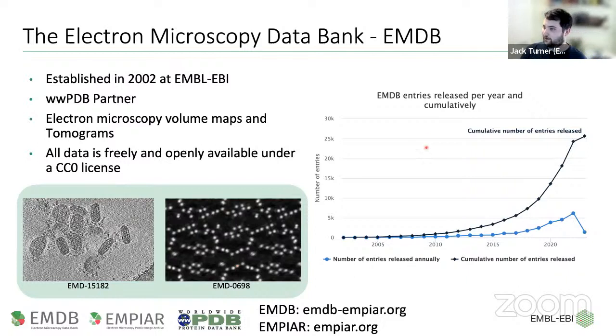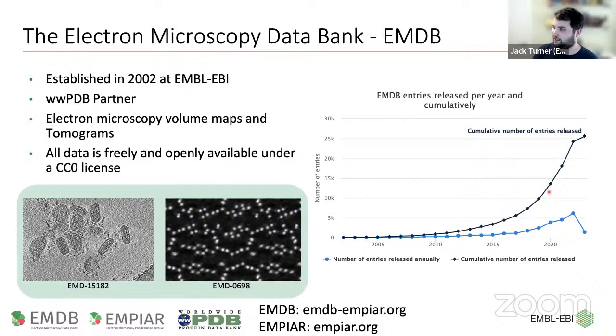On the right-hand side here, I've just got a graph showing the EMDB entries released per year and the cumulative number of entries released throughout history, calculated as a sum each year. We can see that we're increasing in terms of the total number of entries released yearly at a sort of linear rate year on year. Whereas in the cumulative number of entries released, it's actually an exponential function, and we can fit an exponential function to this with an R-squared of about 0.99.